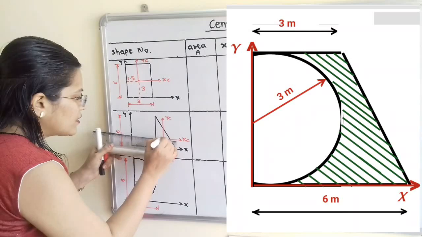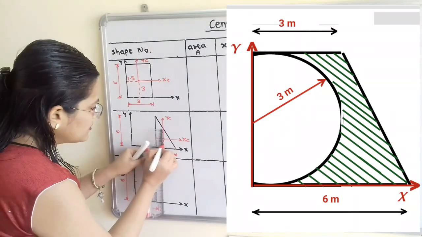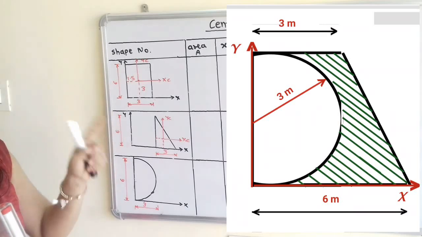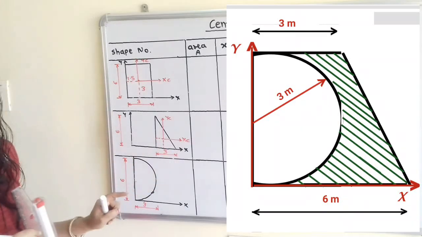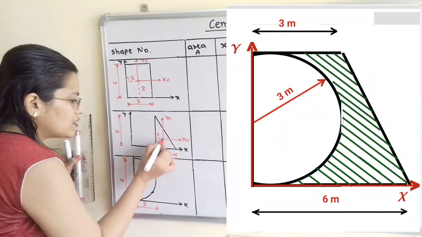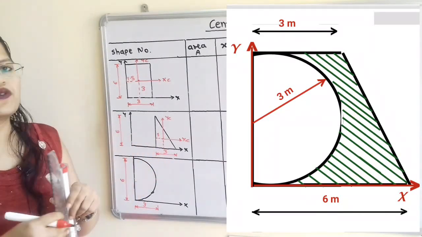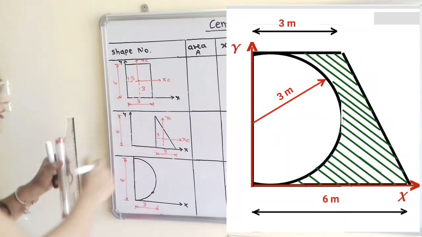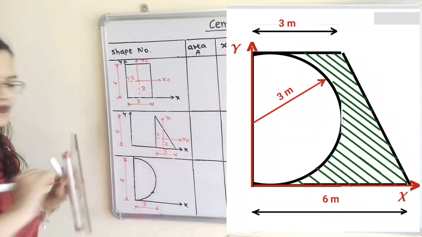I will show it with dotted lines. This horizontal distance is equal to 1 by 3 multiplied by the base, that is 3 divided by 3, which is equal to 1, and this vertical distance is equal to 1 by 3 multiplied by the height, that is 6 by 3, which is equal to 2.